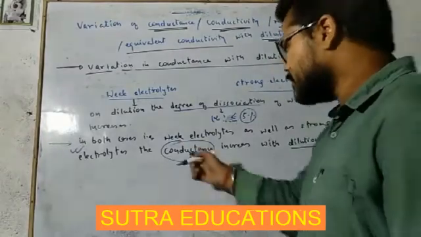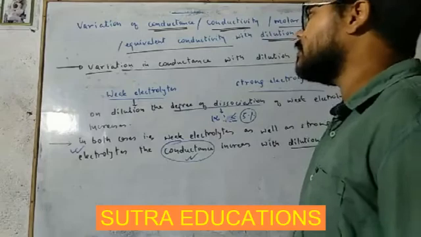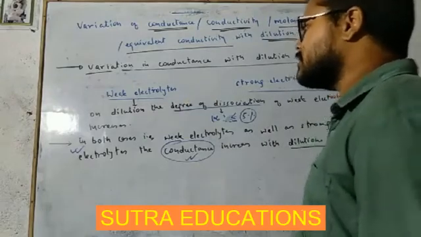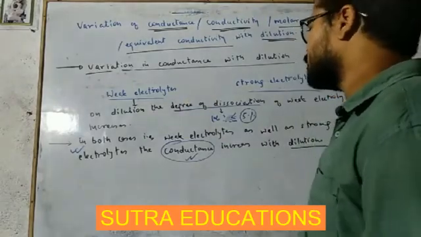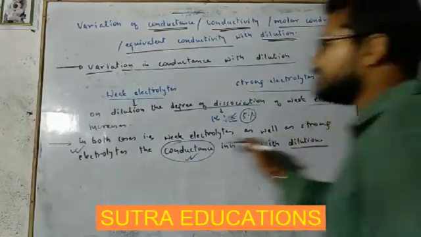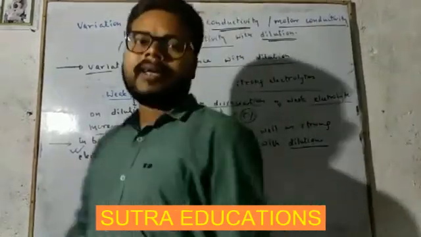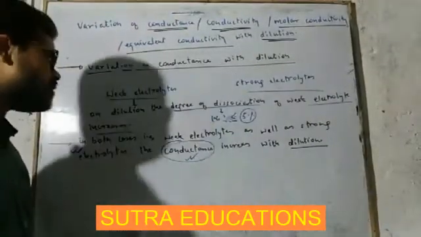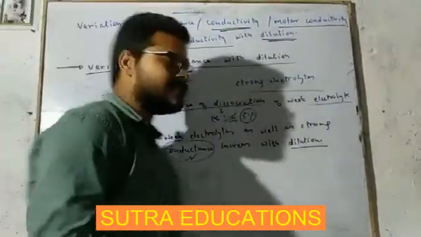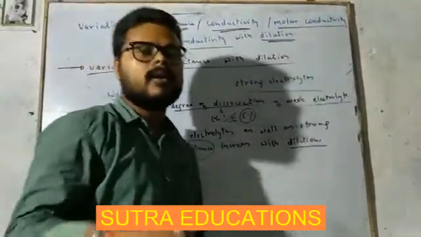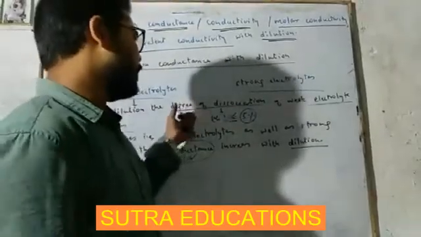So why does conductance increase in case of dilution of weak electrolytes? The reason is on dilution the degree of dissociation alpha of weak electrolytes increases, and as the degree of dissociation increases, more of the weak electrolyte gets dissociated, means more ions are present after dilution.